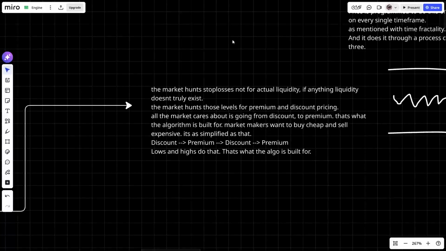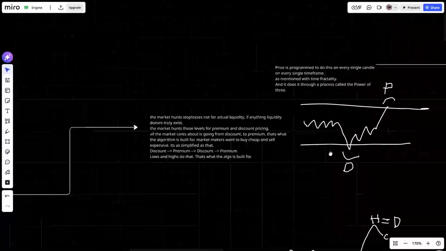Then the people behind the algorithm can buy when price is way cheaper. They buy cheap, sell expensive. They short expensive, get out discounted. From discount to premium, from premium to discount. Lows and highs do that. That's what the algorithm is built for.